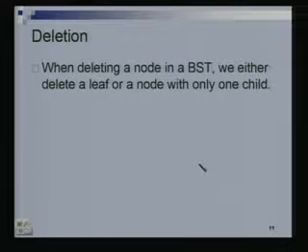So in a binary search tree, when I delete a node, we had 3 cases, if you remember. I am deleting a node which is a leaf, or a node which has only one child, or a node which has 2 children. When I delete a node which has 2 children, what did I do? I went to the successor of that node.